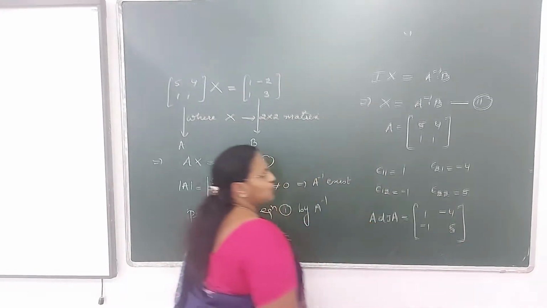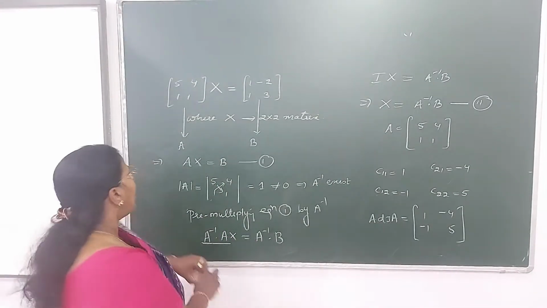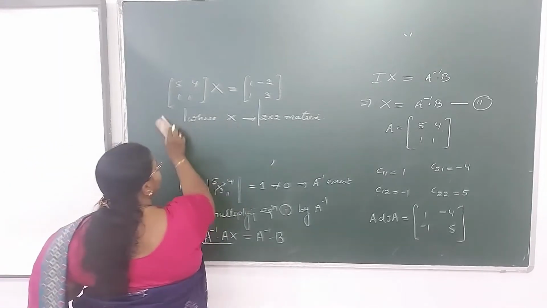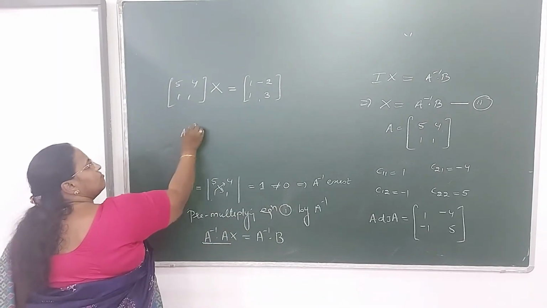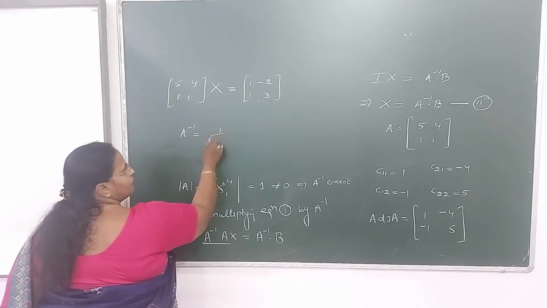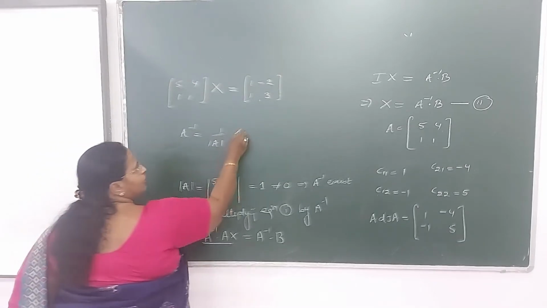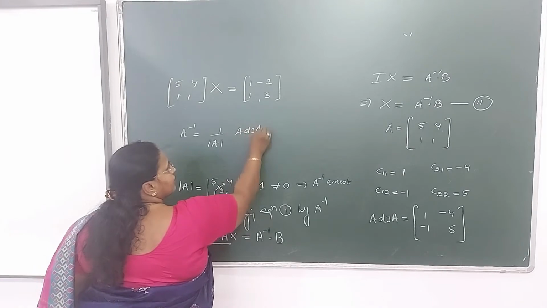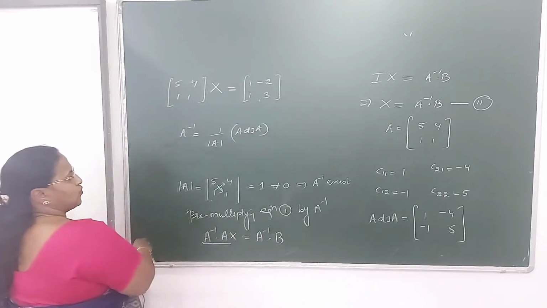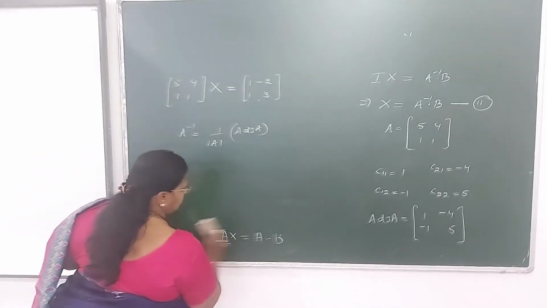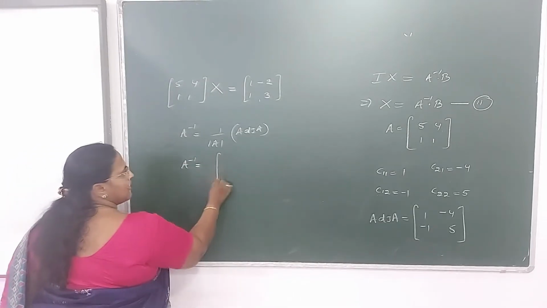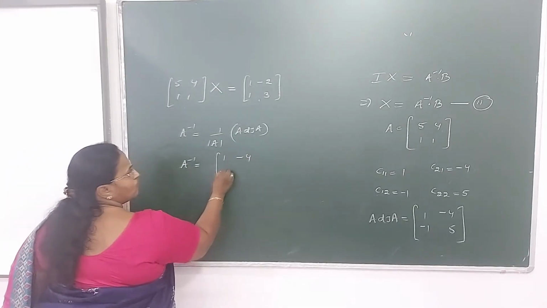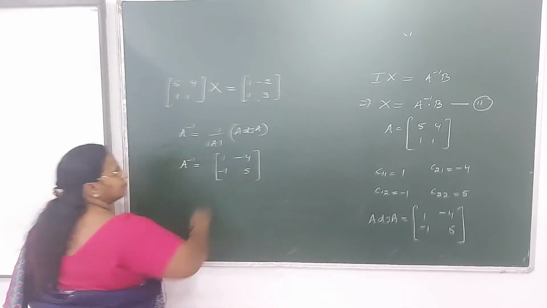This is adjoint of A. After writing adjoint of A, now we'll write down A inverse. What is A inverse? The formula is 1 upon determinant of A into adjoint of A. Determinant of A is 1. So substituting the value, finally we get A inverse as 1, minus 1, minus 4, 5.